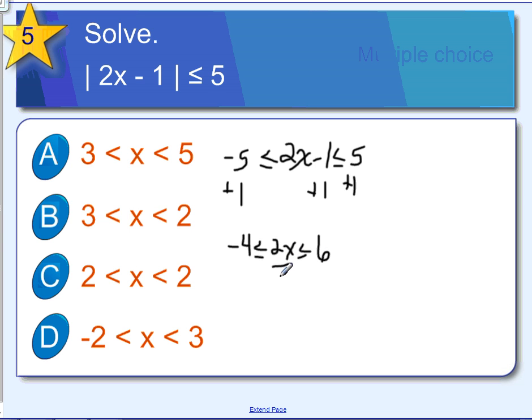Divide all sides by 2 to get my x alone. And I have x is less than or equal to 3 and greater than or equal to negative 2. All right. So you should be fairly comfortable with this at this point, especially with the compound inequalities.